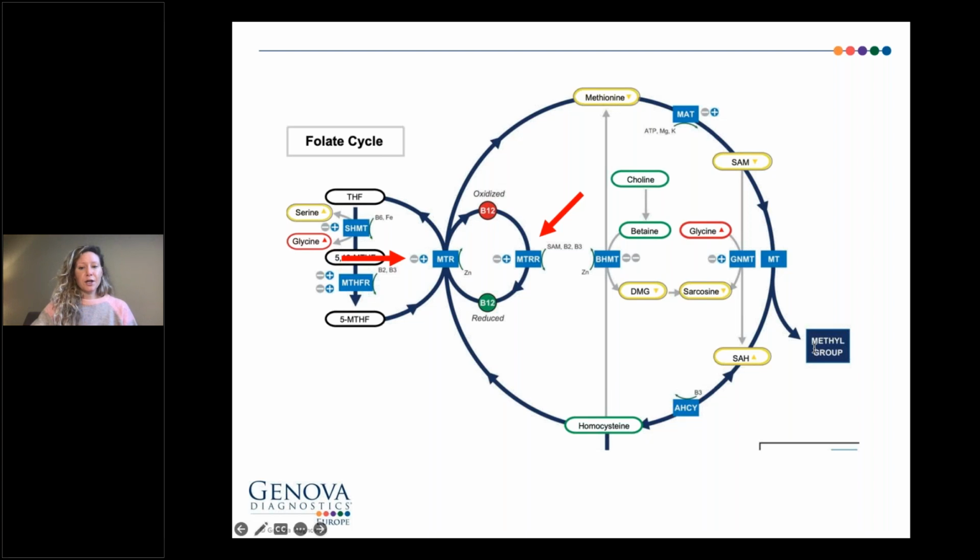So again, we can assume that this would lead to an elevation of homocysteine, which isn't the case in this particular test, but because of the high SAR, it may be that the higher homocysteine previously was contributing to the high SAR levels and hypomethylation.